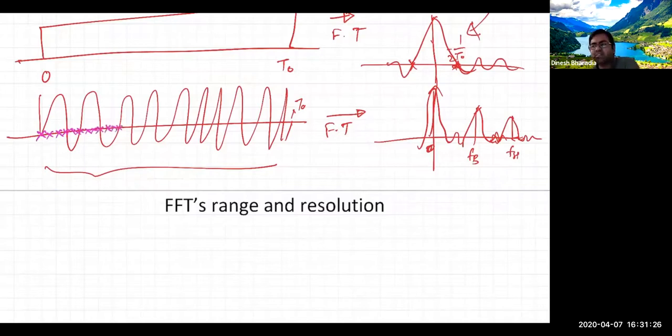That's what we did in the one I explained to you earlier. Continuing with this thought process, what happens when you sample something?